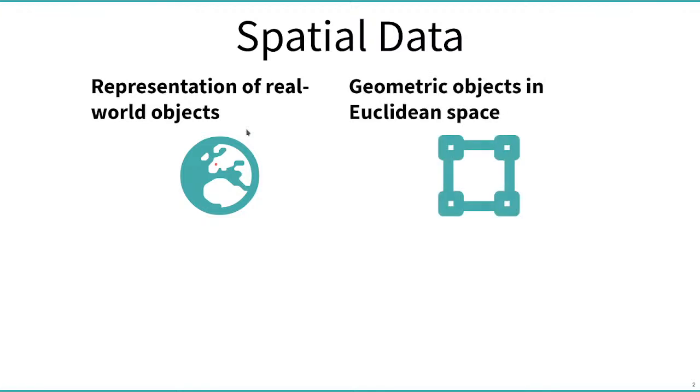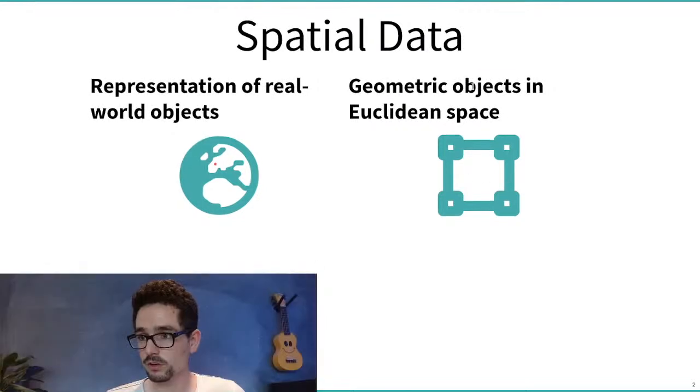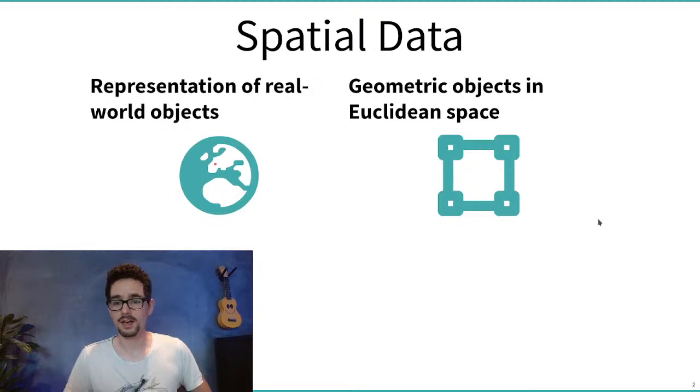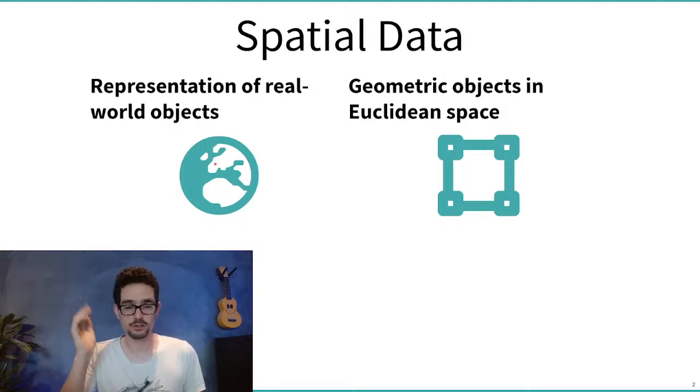But spatial data is also something like this. What is this? I don't know what this is. This can be anything geometrically. Oh, what happened with this? This can be anything in a Euclidean space, in a two-dimensional space or three-dimensional space.